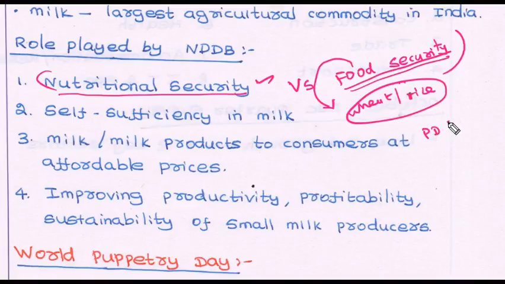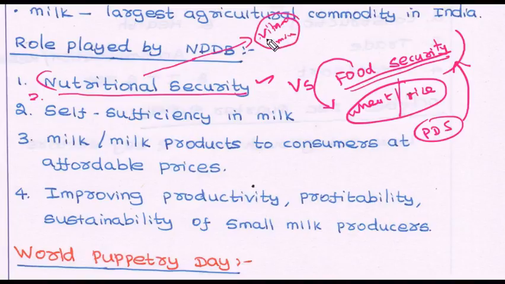In the PDS, rice and wheat are given at relatively lower cost. It will ensure food security. But what about nutritional security? Nutritional security means ensuring the intake of all the important vitamins, minerals, and all other essential items that our body needs. This is called nutritional security.